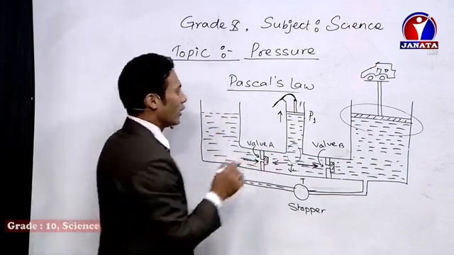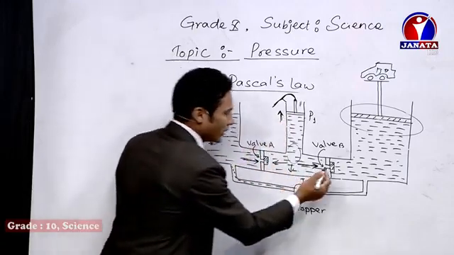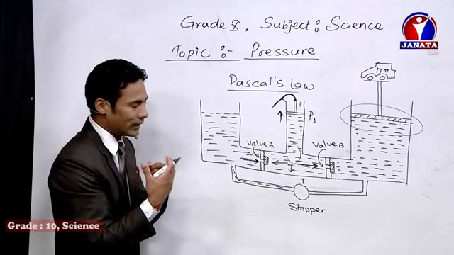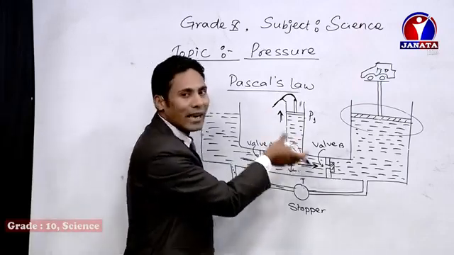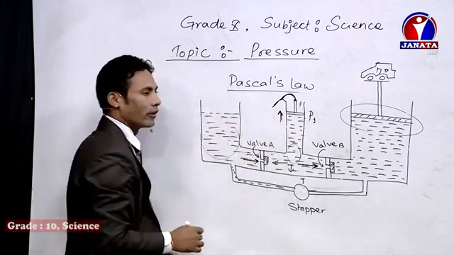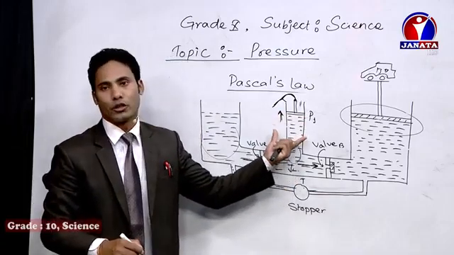What I mean is, when we lift this lever in the upward direction, valve B gets closed, since it is a one-way valve. Then some vacuum is created, and this vacuum is filled by liquid from the reservoir, which is transmitted to the small chamber.